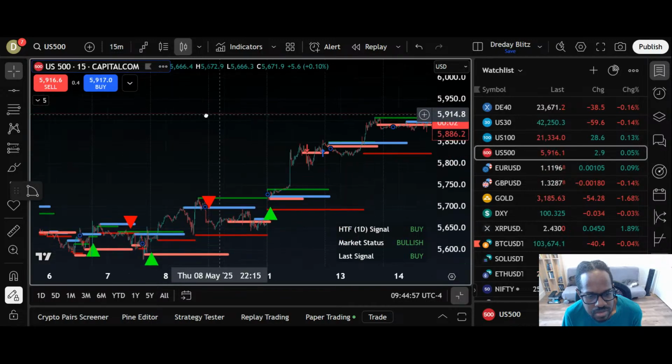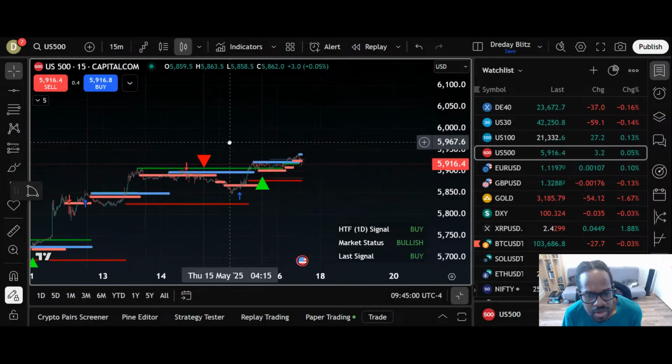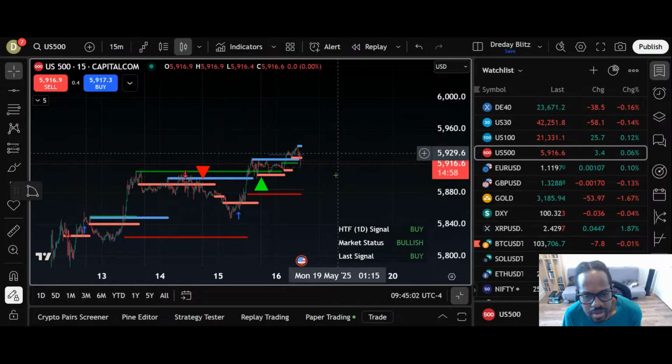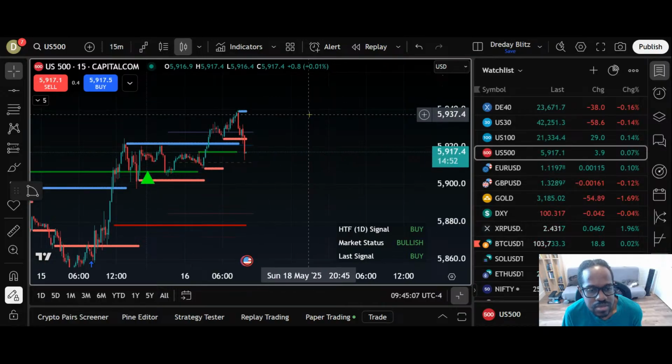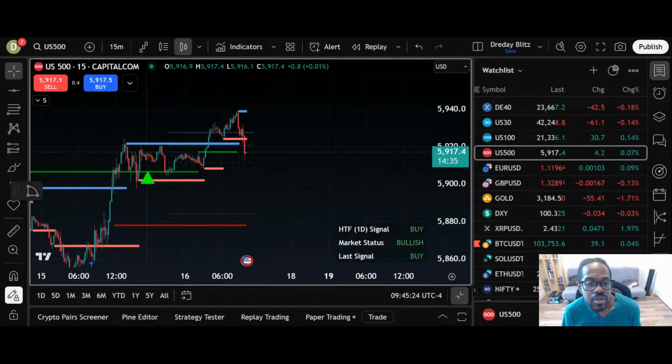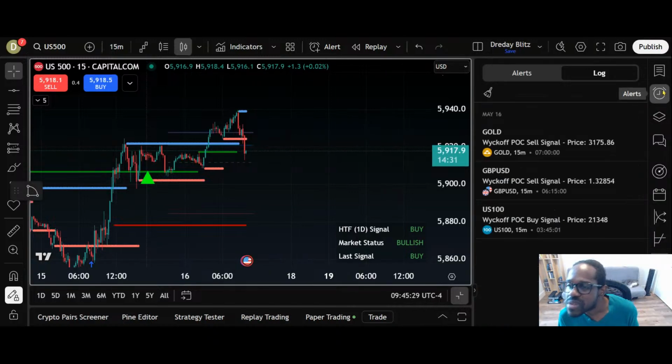So right now, waiting for the sell setup off of this indicator here. Didn't get it yet. 9.45. Didn't get any signals.